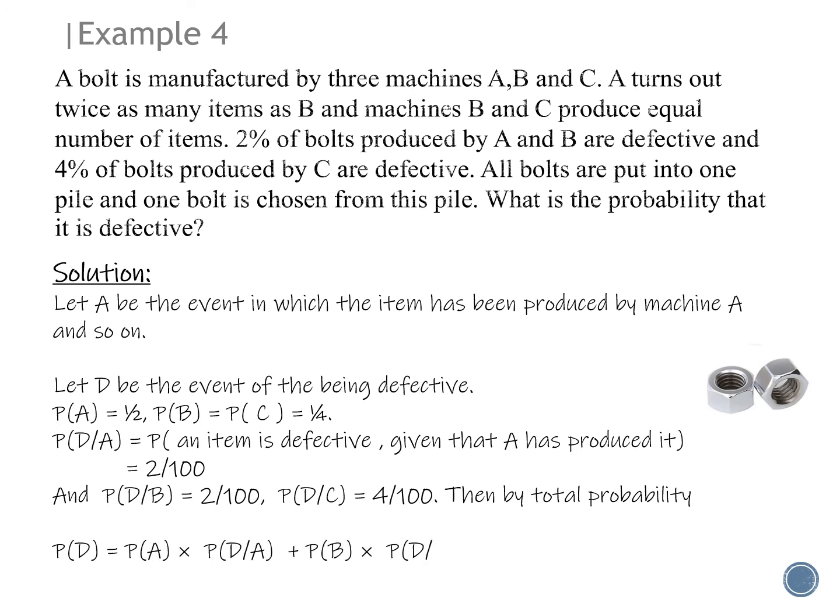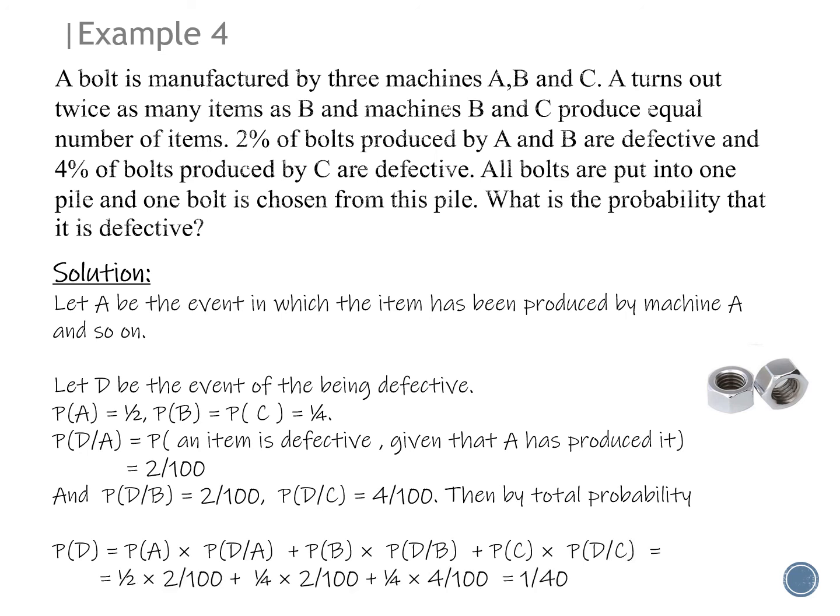It's given that A turns out twice as many items as B, and machines B and C produce an equal number of items. From this, we conclude that probability of A equals 1 by 2, whereas probability of B and probability of C equal 1 by 4. If we add all the probabilities, it comes to 1. That is, 1 by 2 plus 1 by 4 plus 1 by 4 equals 1.